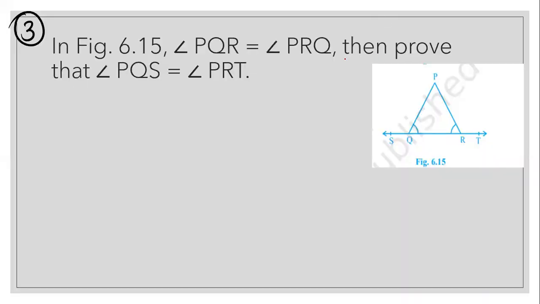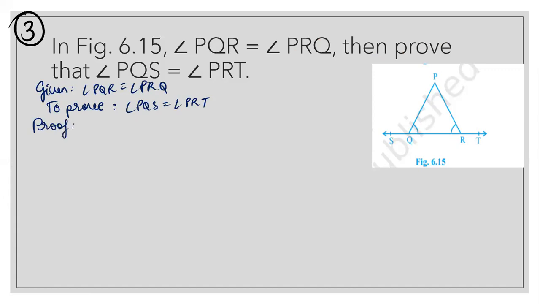Okay, so now let's see this in another method. Firstly, we write what is given. Angle PQR is equal to angle PRQ. To prove angle PQS is equal to angle PRT. And now here goes the proof.